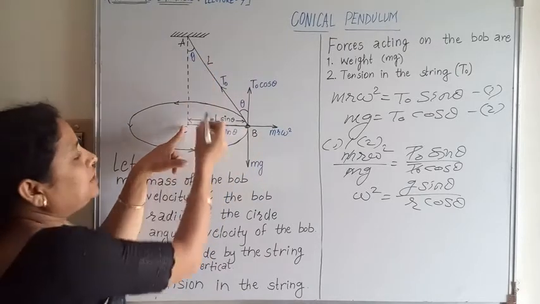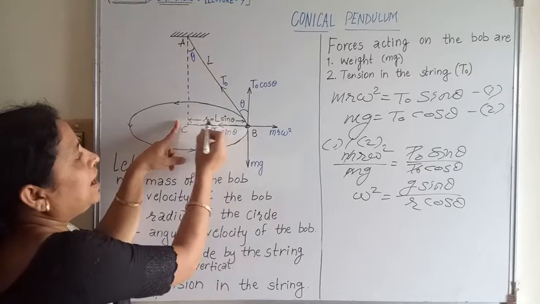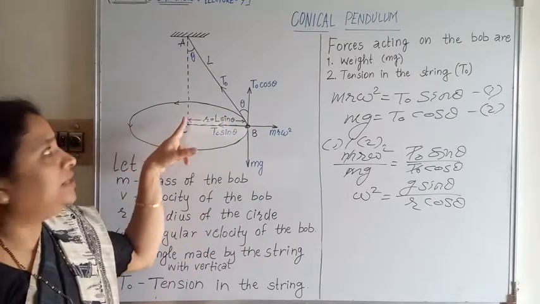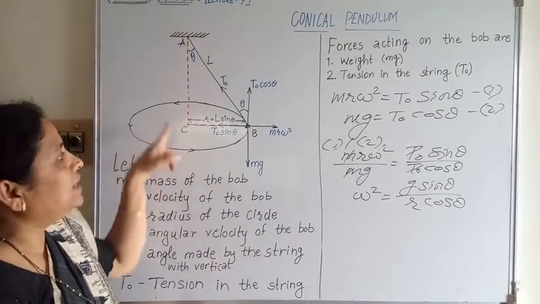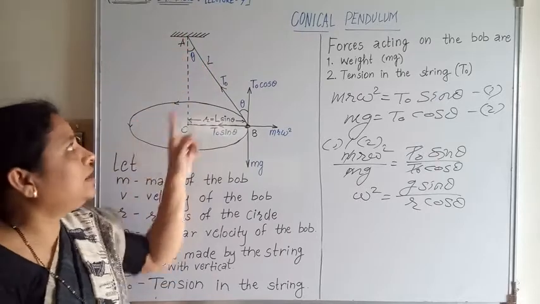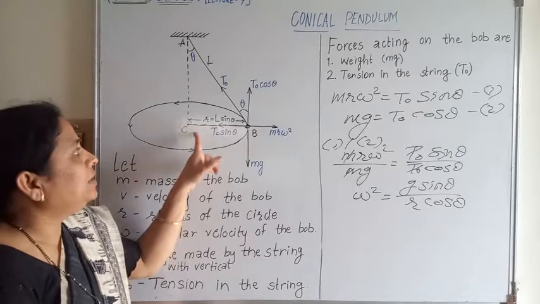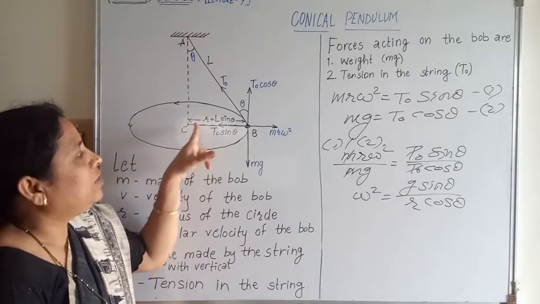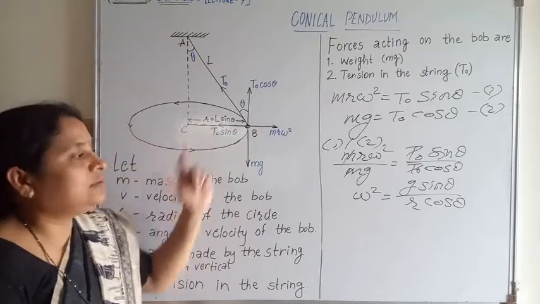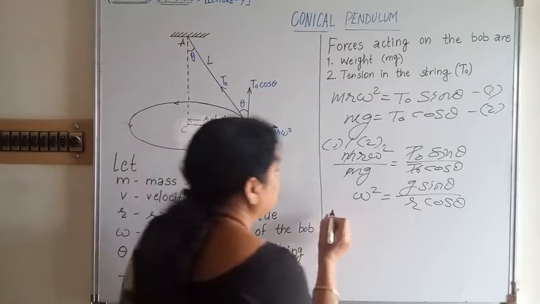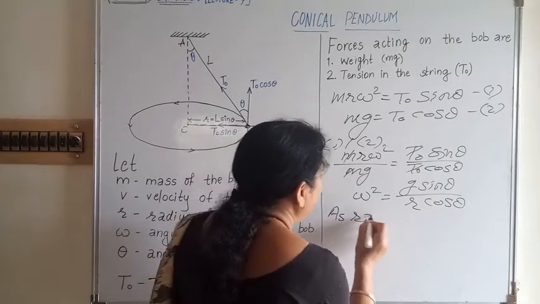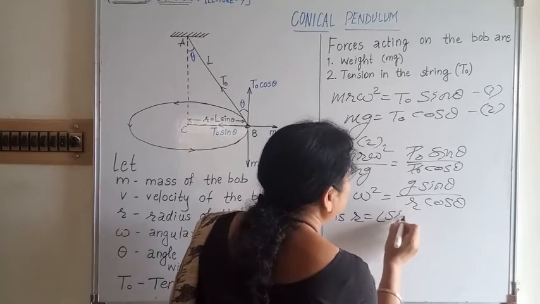Taking this triangle ACB, with angle theta, the hypotenuse is equal to capital L, and the opposite side of this angle is the radius r. So we say small r is equal to L into sin theta.